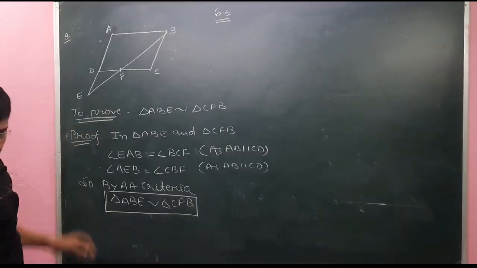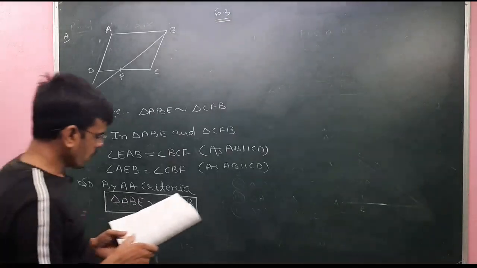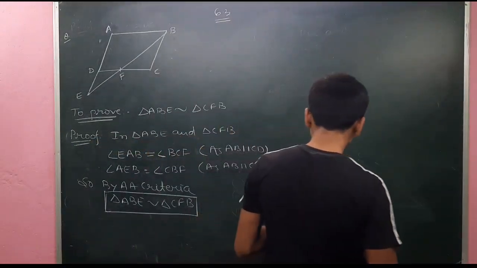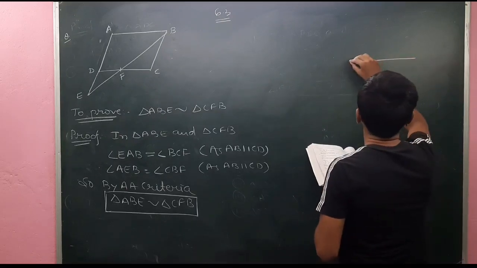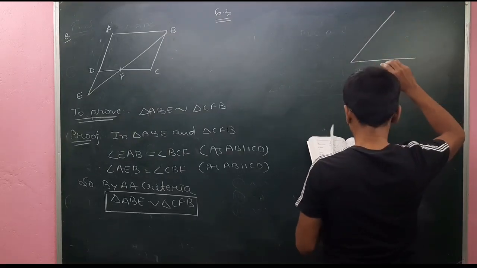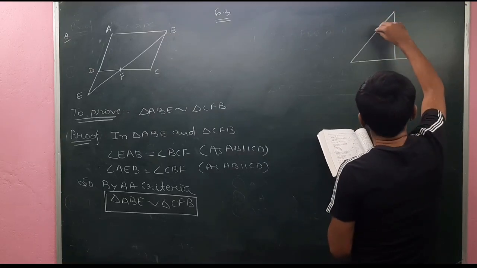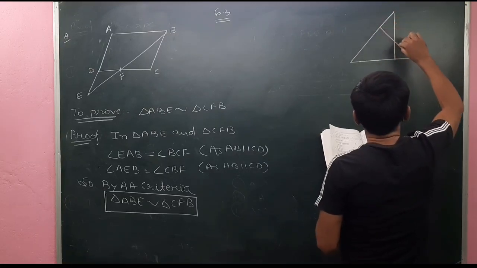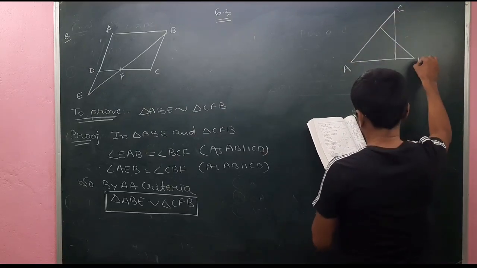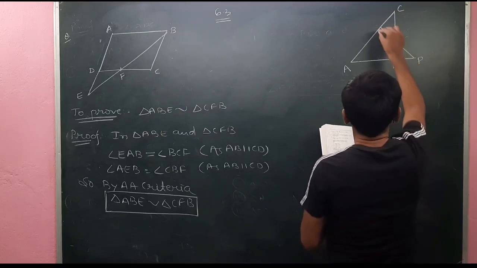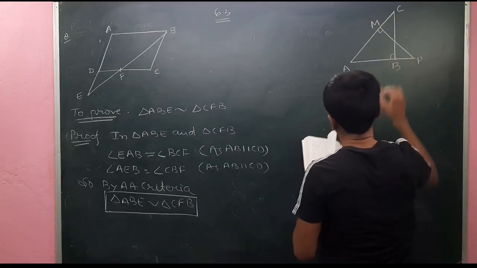Now see question number 9. In figure 6.39, this is your figure for question 9. This is the perpendicular line and this is the perpendicular line, A, C, P, B, M. This is perpendicular and this is perpendicular.